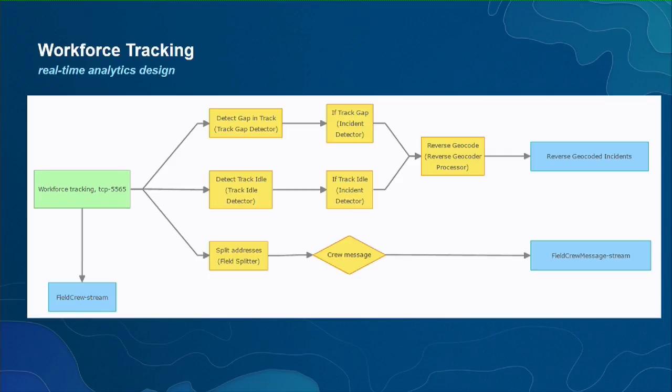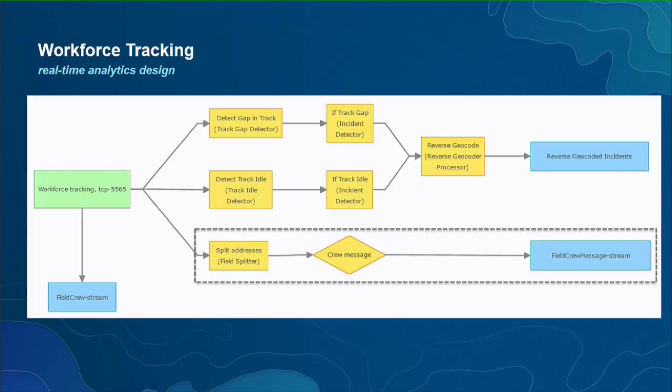Taking a look under the hood, the process for each of these messages really begins when the crew sensor sends an automated location to GeoEvent Server. In the case of this first processing thread, the message is simply forwarded on to an output, similar to what we've seen before with the bulldozers and with RJ's demos. There, we're just updating the current location, the last known location, for our crew.